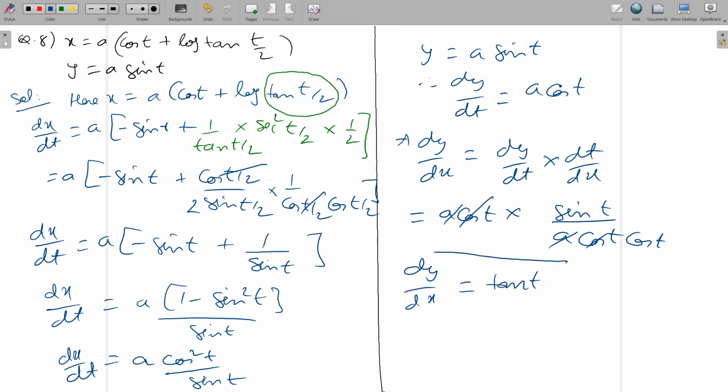Therefore, the differentiation of y with respect to x will give us tan t.